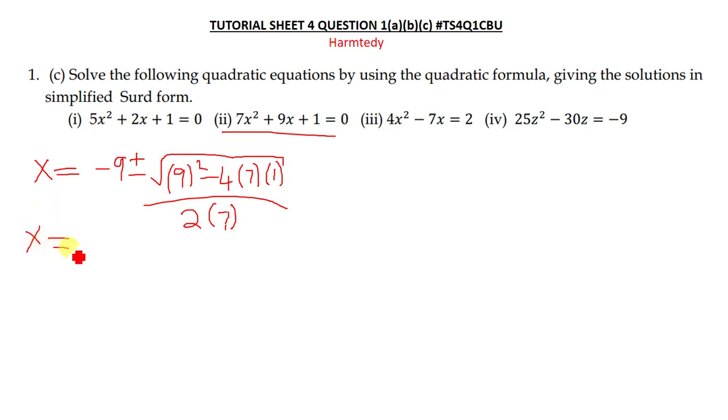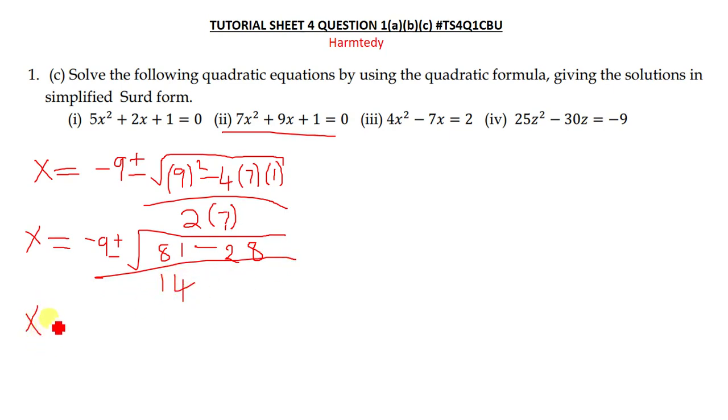So the value of x will now be equal to negative 9 plus or minus the square root of 81 minus 4 times 7, which is 28, and then everything divided by 14.